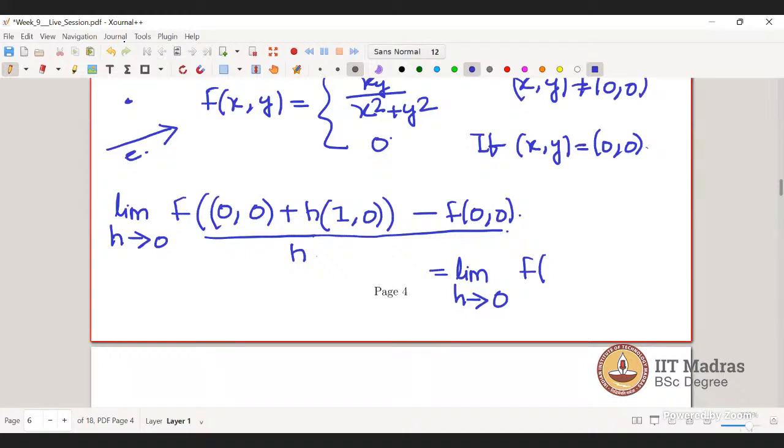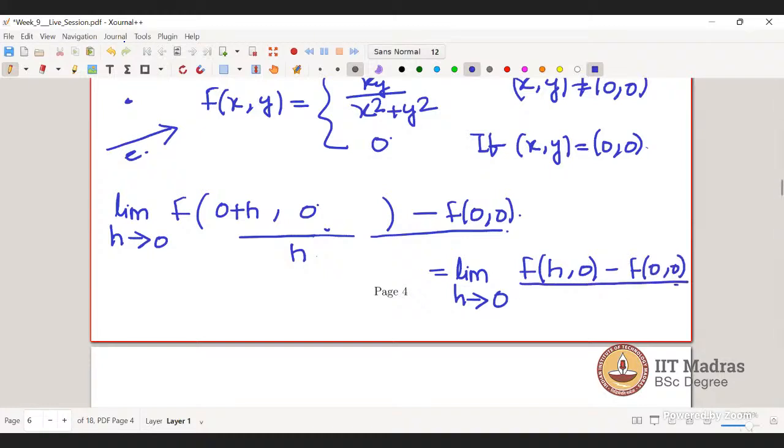The definition is written as f of (x plus h, 0), which is basically the same thing. Better I should change it to (0 plus h, 0). So f of (h, 0) minus f of (0, 0), divided by h.